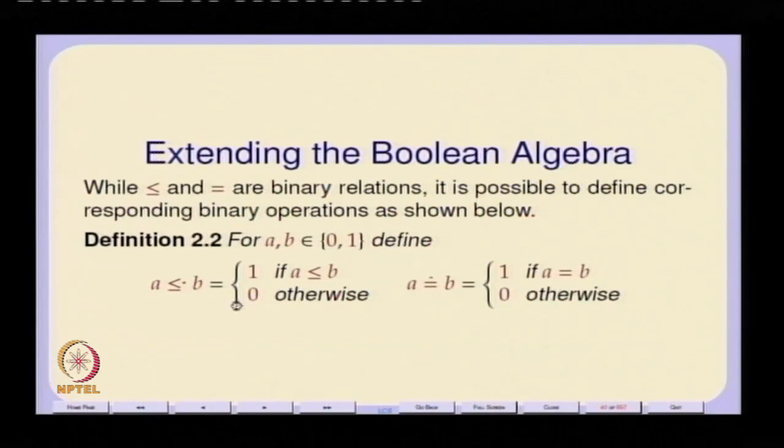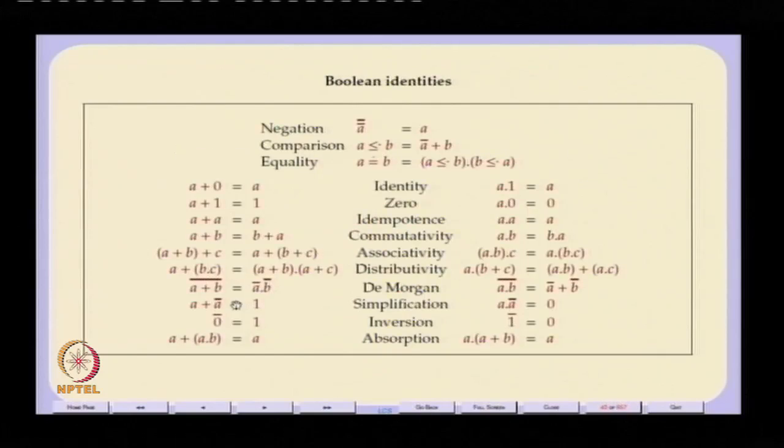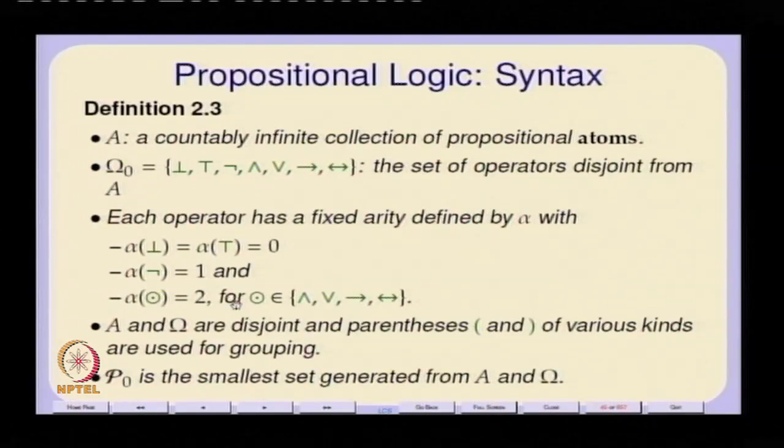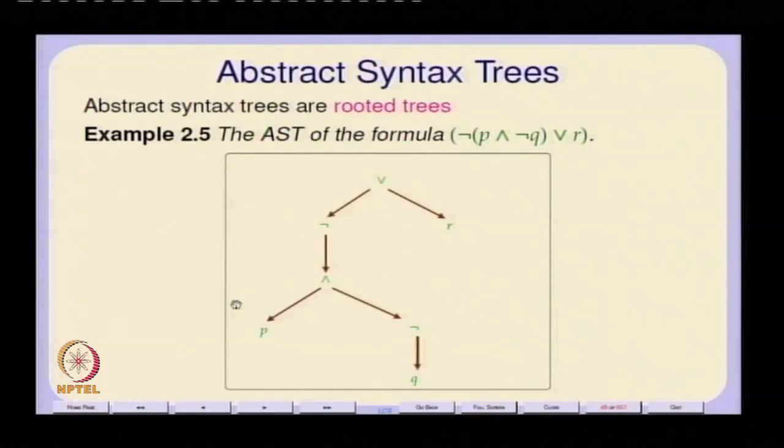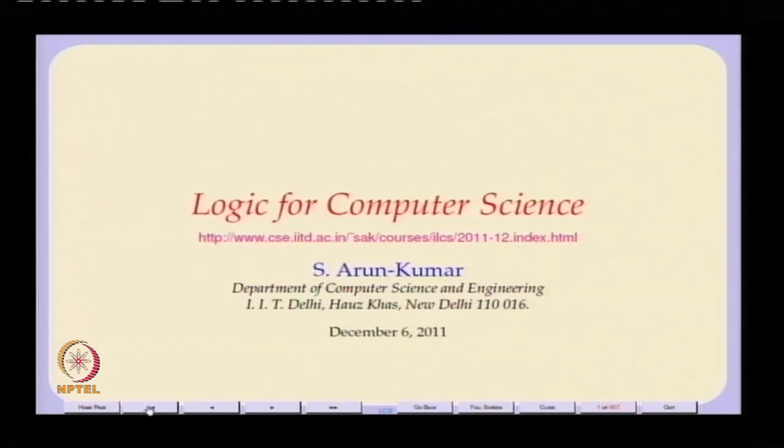Right, and then we started with Boolean algebra, and we went through the propositional logic syntax, the usual propositional connectives. So there's also an algebraic treatment of logic derived from Boolean algebra, essentially propositional logic. We spoke about identities, normal forms.